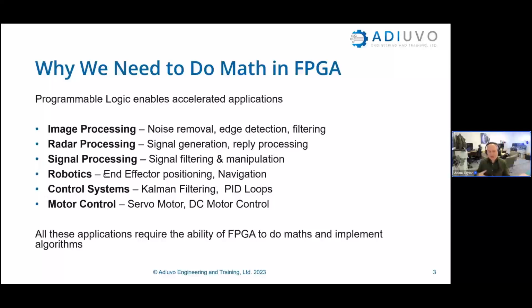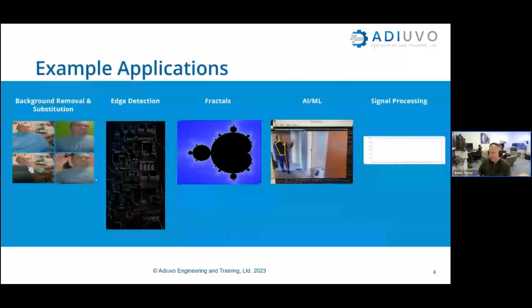As you'll see later, in control systems we might use PID loops, and if we're doing motor control, we may be doing things such as vector motor control. That again requires a lot of maths as building blocks. So all of these require us to understand the basics of how we can create mathematical applications in our FPGAs, and it's going to be quite fun to work through.